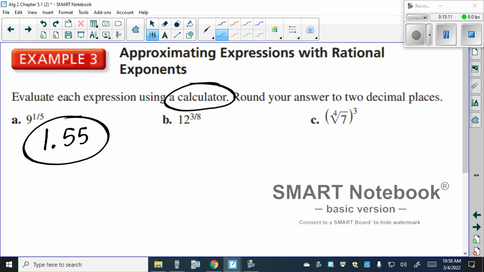Well, the second one is 12 to the 3/8. And again, we just need to plug this in and we would get our answer. And 12 to the 3/8 would be 2.54, I believe, yes?